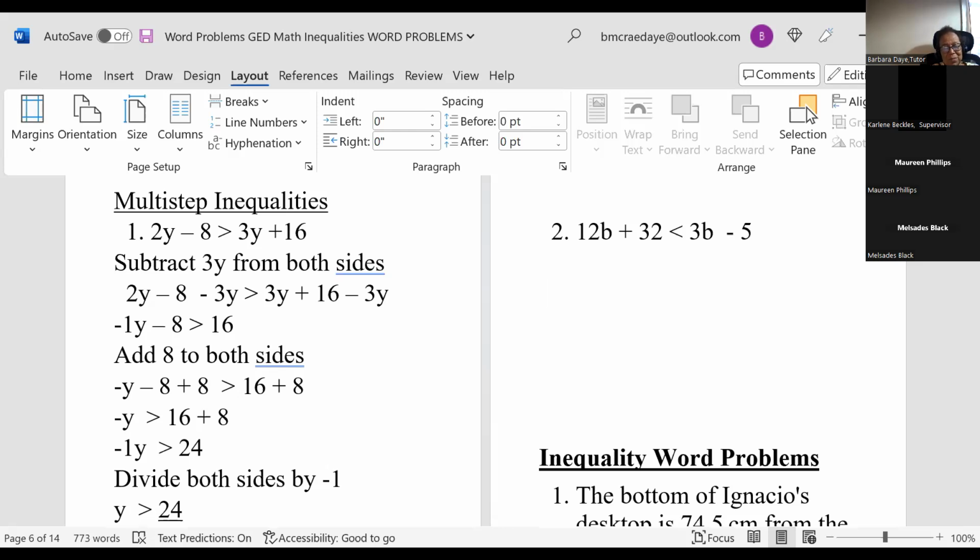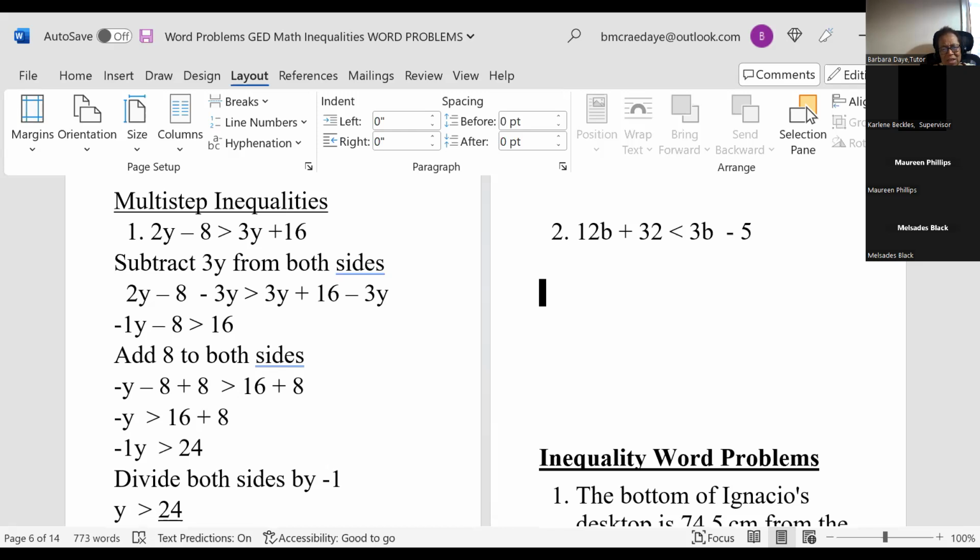Maureen, how are you doing? I was subtracting 3 from both sides, right? Why 3? It's 12B plus 32 is less than 3B minus 5.